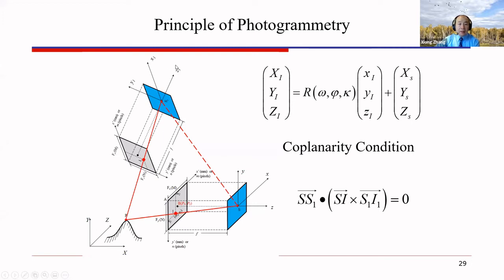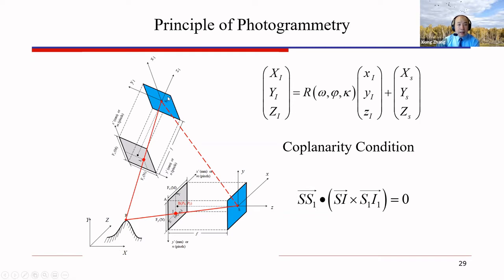And then you can set up an equation. What it says is that the object point, the image point in the first camera, and the center of the first camera form a straight line. The same is true for the second image point and the second camera. This is a straight line.